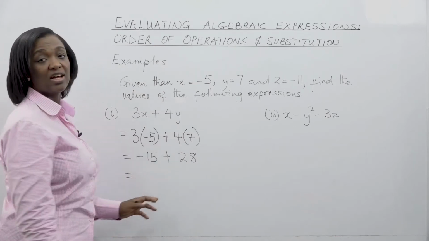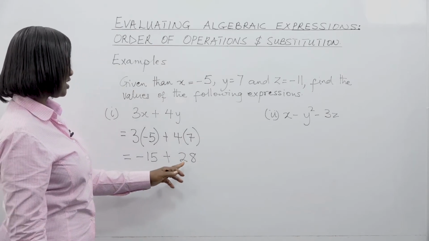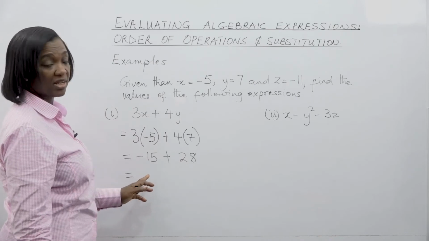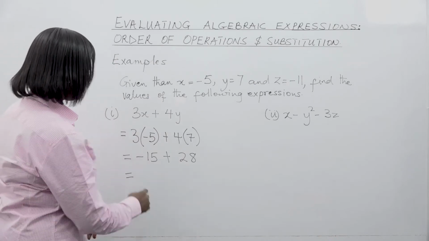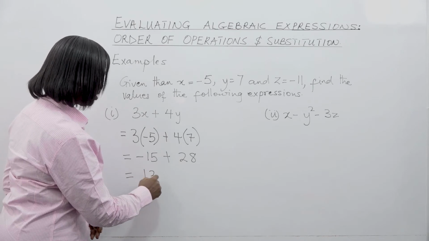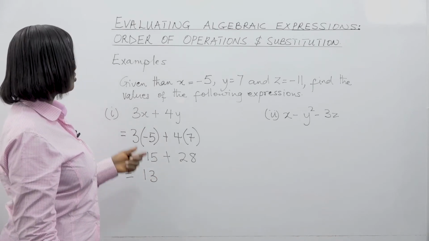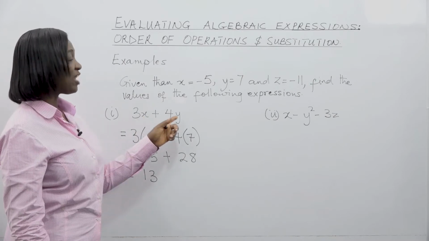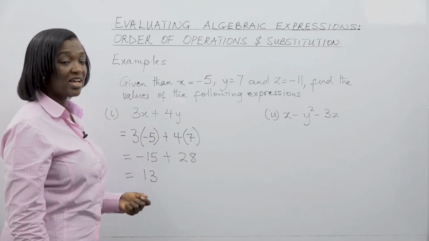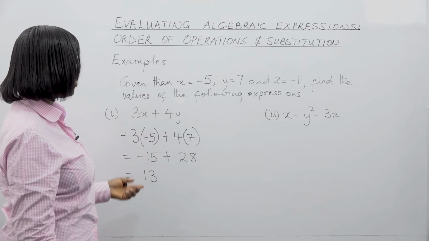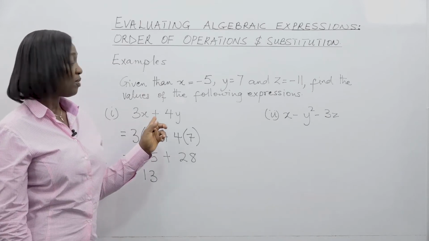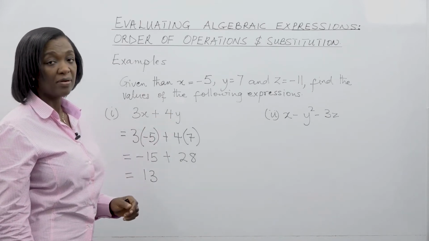The final answer will be 28 minus 15. And 28 minus 15 is equal to 13. This is what we call substitution. We've substituted the values of x and y to get an exact value for the expression 3x plus 4y.